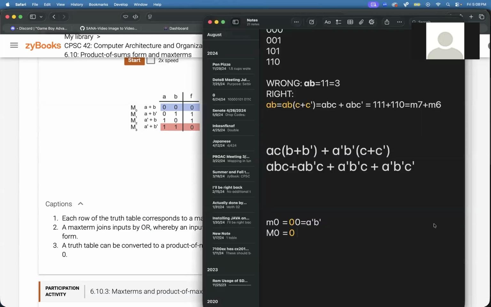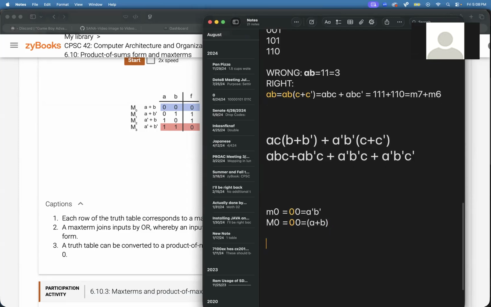So here, 0, 0 for the min terms is not A, not B. 0, 0 for the max terms is A plus B. So they're added and they're not complemented. Weird, right? And so everything is backwards.